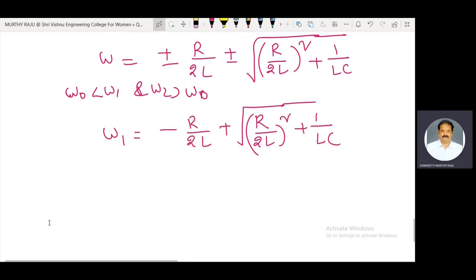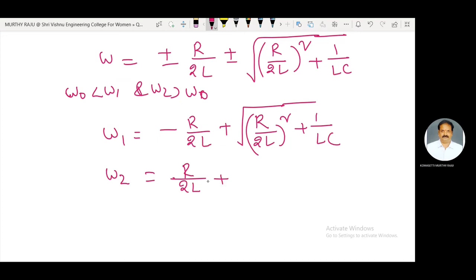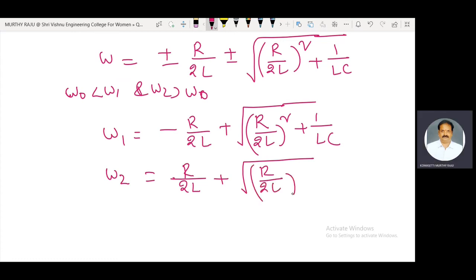Omega 2 is equal to R by 2L plus square root of R by 2L whole square plus 1 by LC.